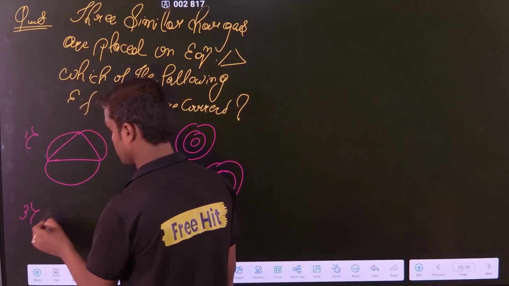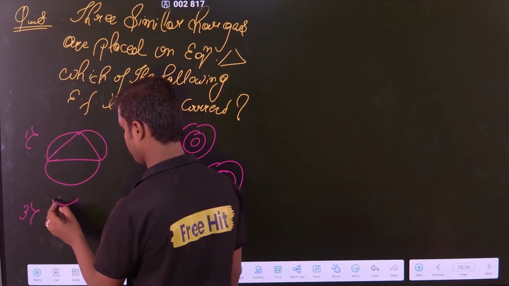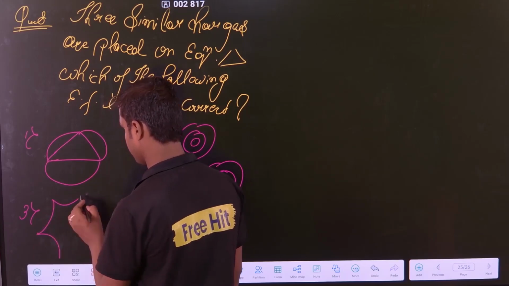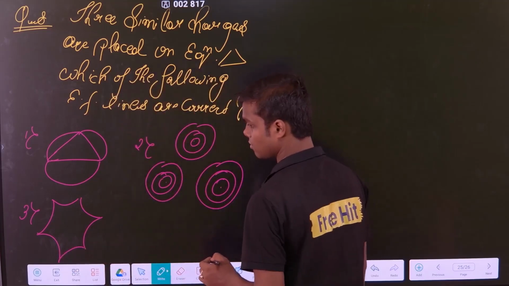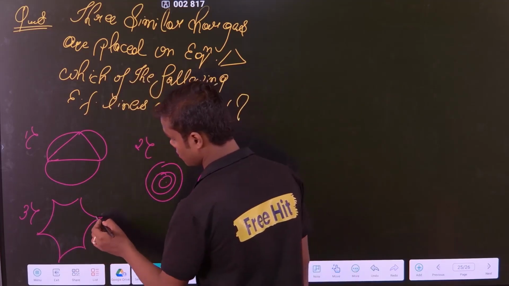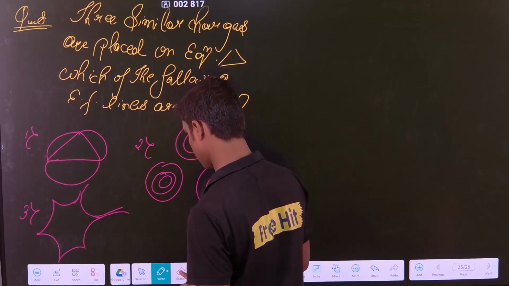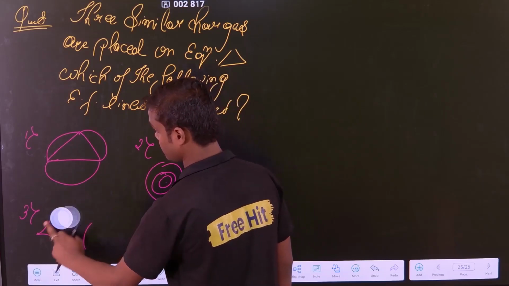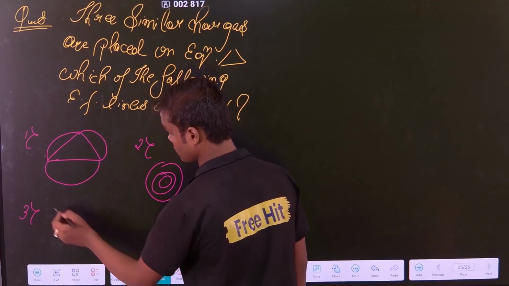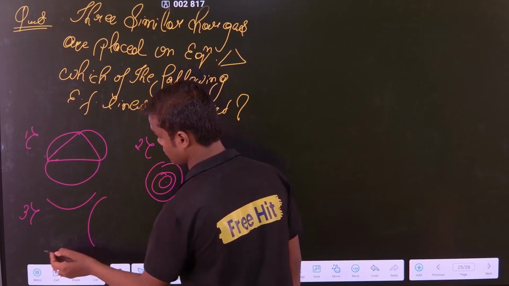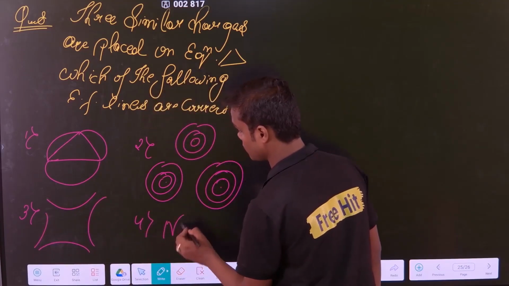Third, they are not intersecting each other. Remember, it looks like they are intersecting. Let me draw it properly. And fourth option, none of the above.